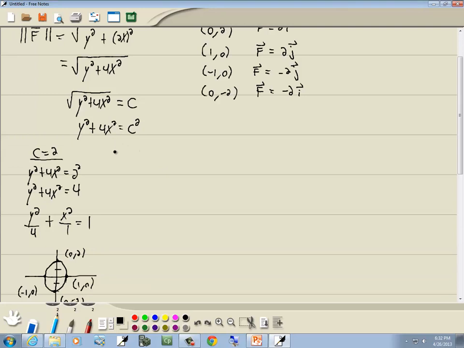Now if I plugged in something else here, c is equal to 1 might not be too bad. Let me think if that's a true statement. It wouldn't work out perfect, but c is equal to 4. Let's try that.